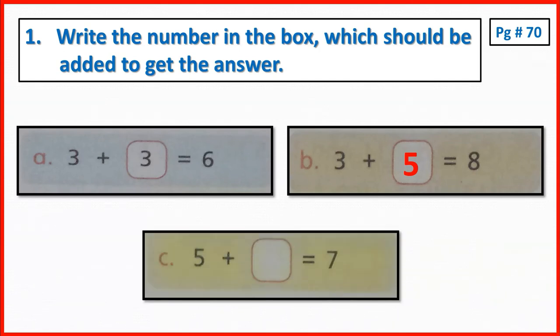The next one is, what should be added to 5 to get the answer 7? Do you know what number should be added? Yes, we should add 2 to 5 to get the answer 7. And we can say 5 plus 2 equals 7.